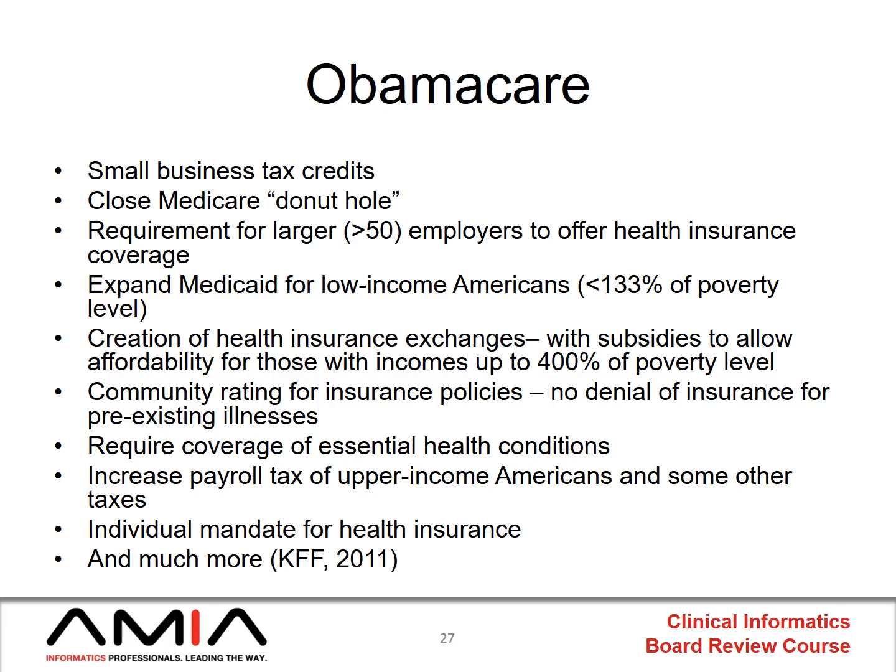Things like tax credits for small businesses to pay for insurance, closing the so-called Medicare donut hole that required seniors to pay out of pocket for costs of drugs, requiring employers with greater than 50 employees to offer health insurance coverage to their employees, expanding the Medicaid system for low-income Americans to include all who live at 133% or less of the poverty level, creating health insurance exchanges, prohibiting denial of insurance for pre-existing illnesses.